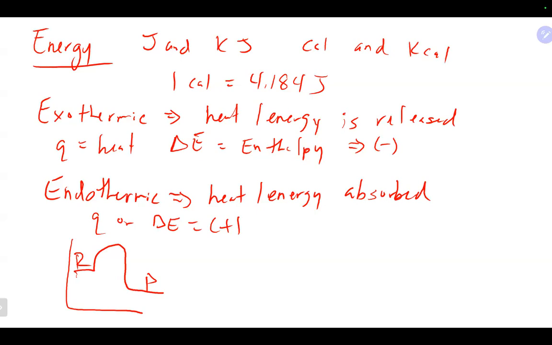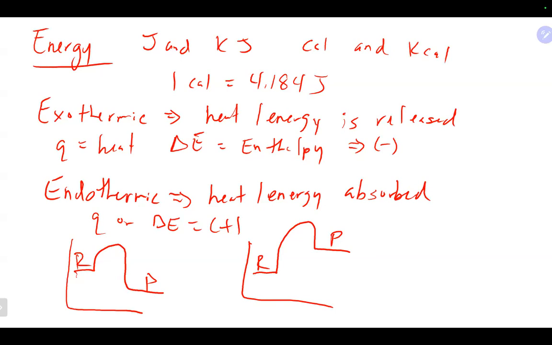So this is always going to be an exothermic diagram. The opposite would be true where the reactants are lower in energy than the products. When you have something like that, that would be an endothermic process.